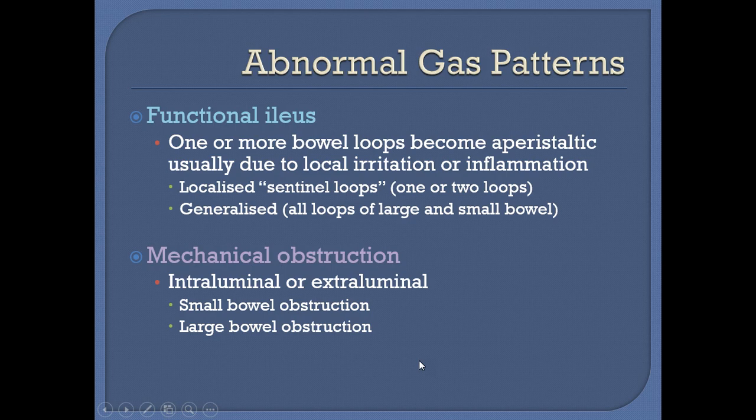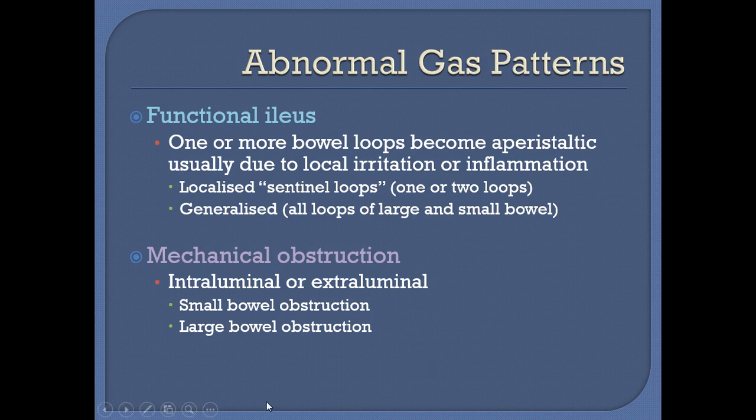Mechanical obstruction. It can be intraluminal, like some stone like appendicolith or some bezoar, or something like somebody has eaten some unnatural thing like tuft of hairs or cotton.